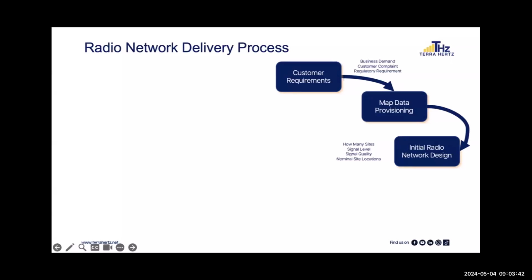For example, if we're deploying 5G, what are the different slices that we want to implement? Is it eMBB, URLLC, or massive machine type communications? Those factors are added to the existing process in the radio network design.